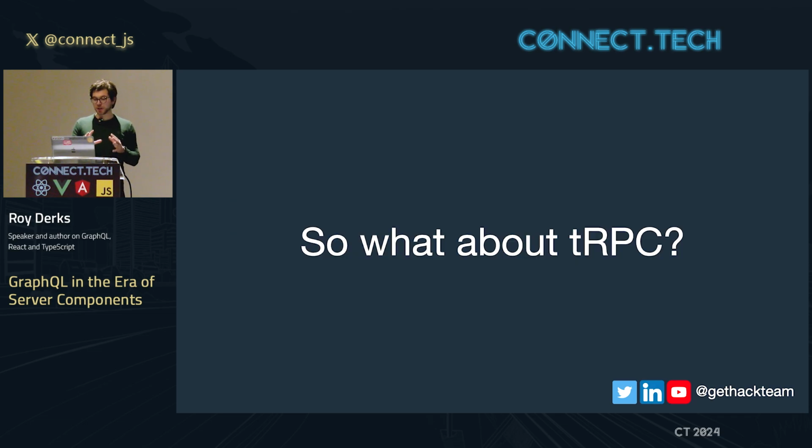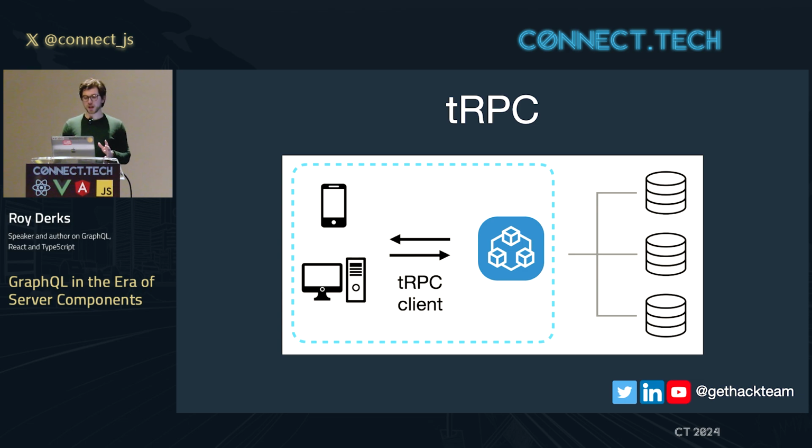So I also need to talk a little bit about tRPC. tRPC is, in my opinion, quite cool if you're writing your front-end code and your back-end code in TypeScript, because tRPC means TypeScript RPC. It looks a bit like this. You would have a tRPC server, and then you use a tRPC client to retrieve data from your tRPC.